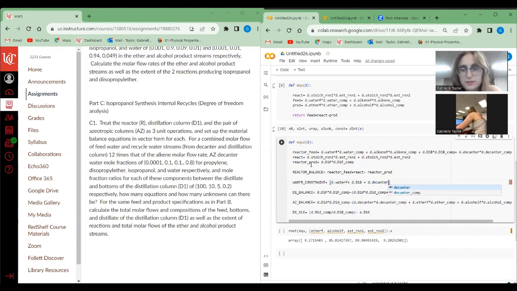And then we're going to divide this by the alkene flow, right? And then we're going to subtract the Wolfer constant, which is 12, but we're just going to keep it in as one of our constants that we have.